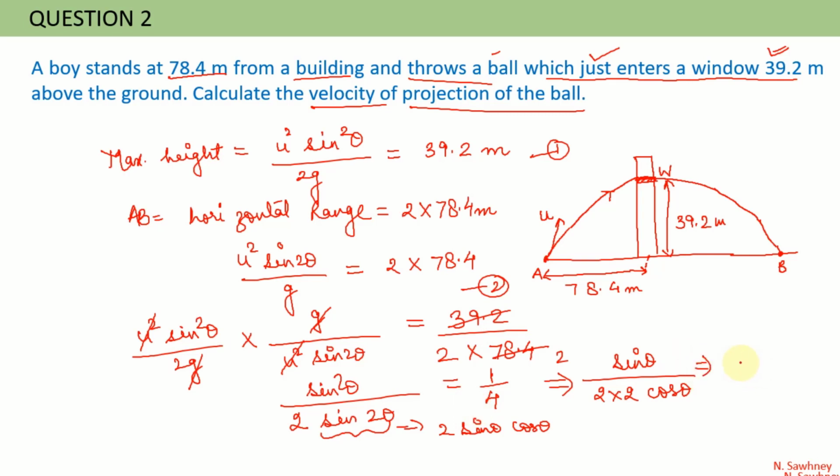So we have obtained 1 by 4 tan theta is equal to 1 upon 4. So what we are left with, tan theta is equal to 1. That means angle theta is 45 degrees.